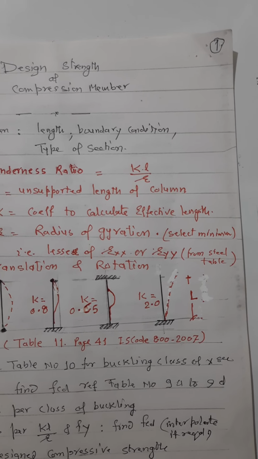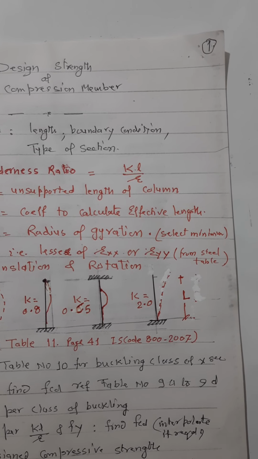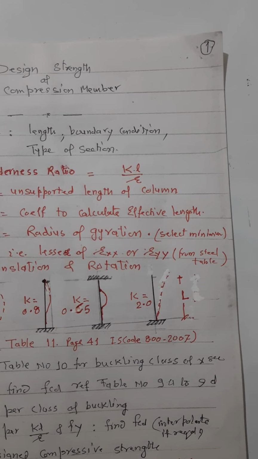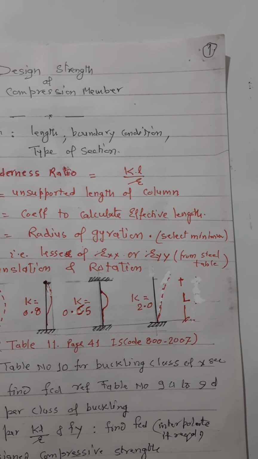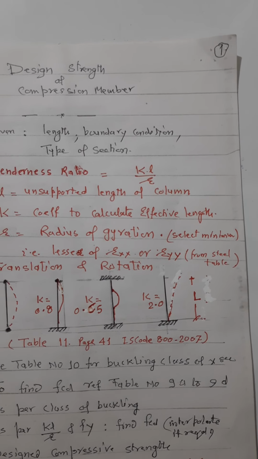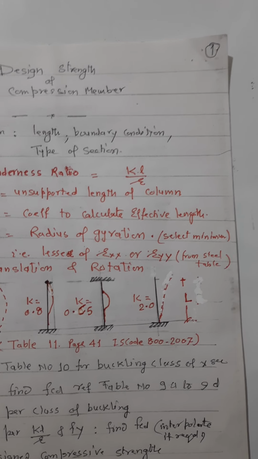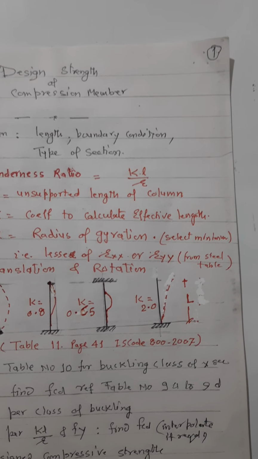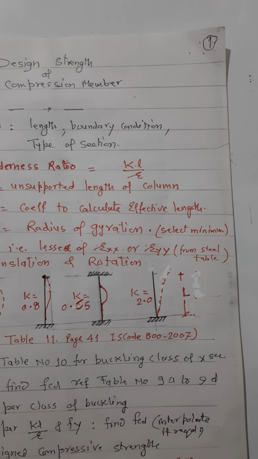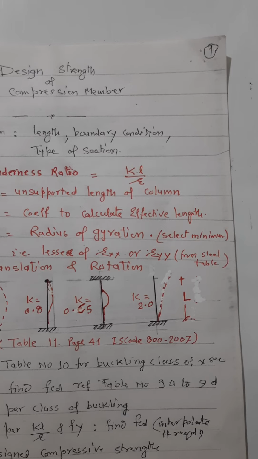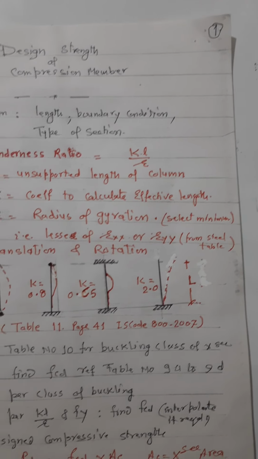In addition, rxx, ryy, ruu and rvv are also given, but we are only confined to two, rxx and ryy. The most important thing is we have to select the minimum of the two, rxx or ryy, whichever is the minimum.